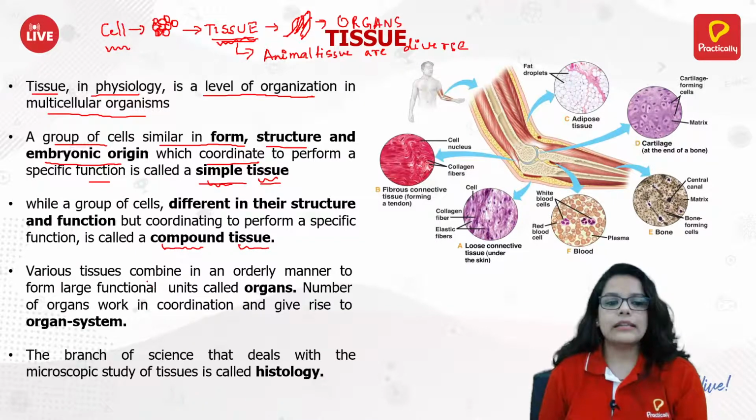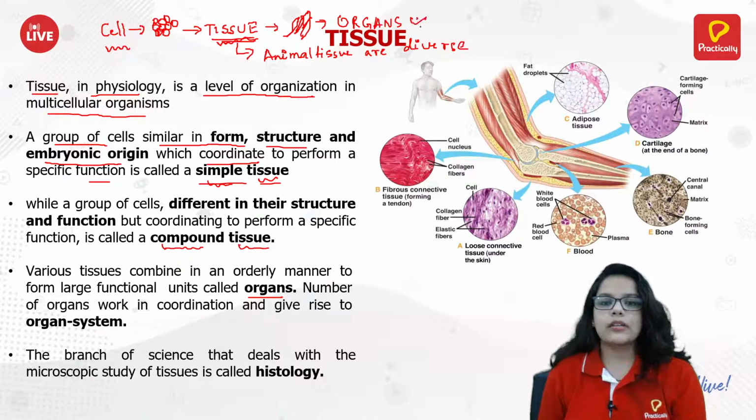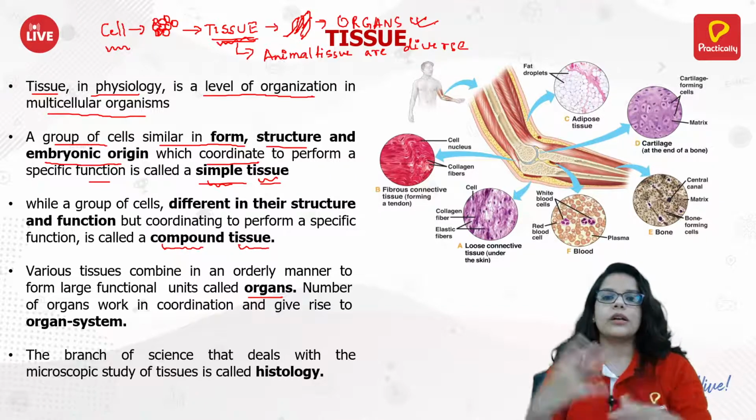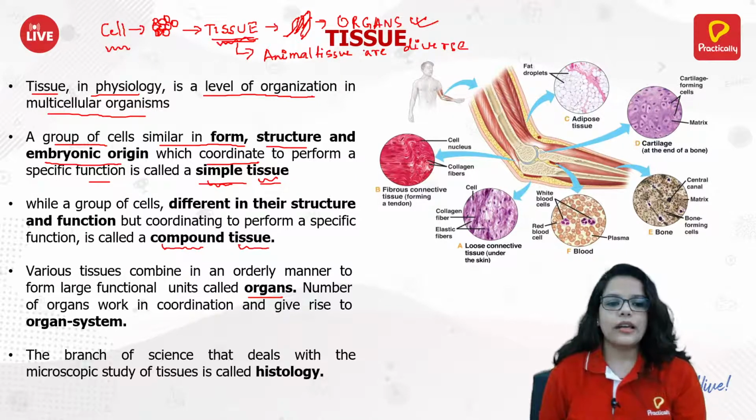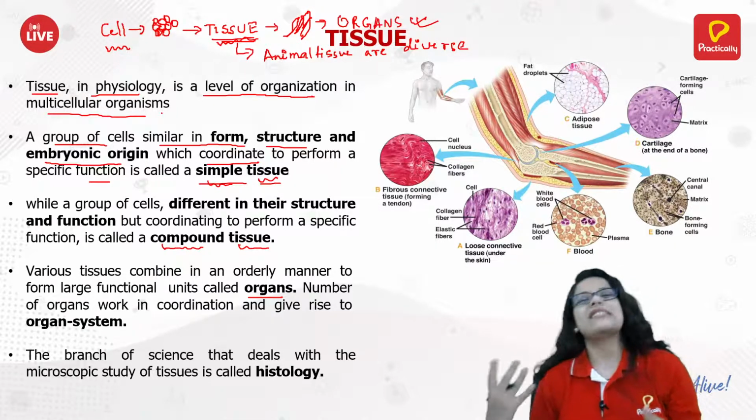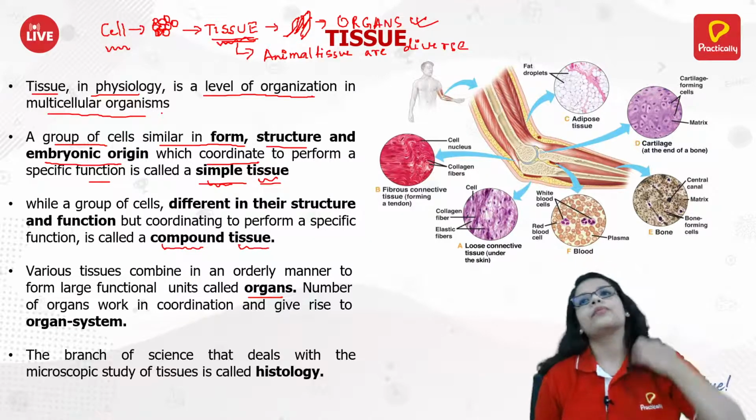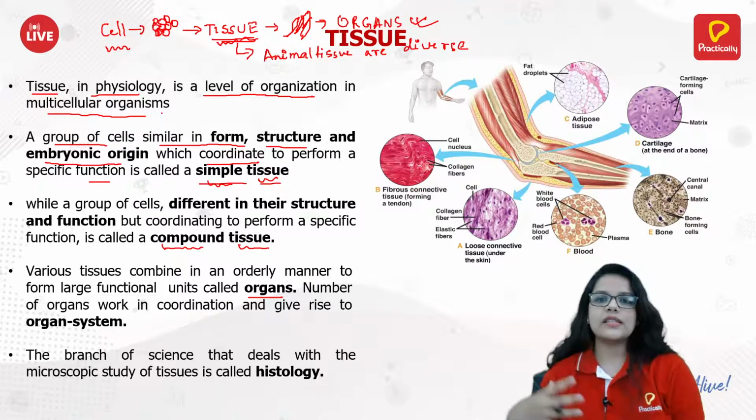And various tissues combine in an orderly manner to form a larger unit called organs. Just now we discussed, tissue becomes an organ, and together organs work as an organ system.